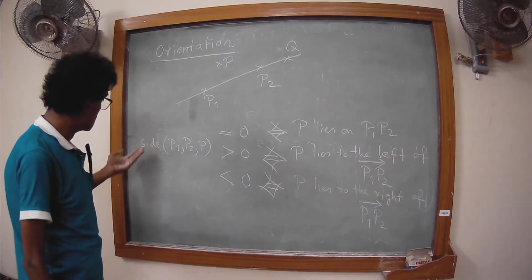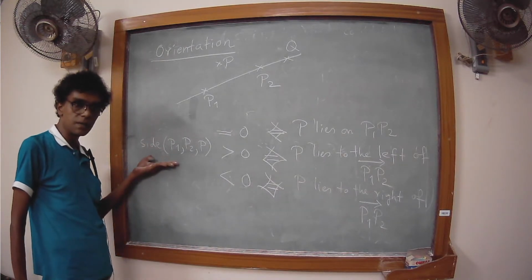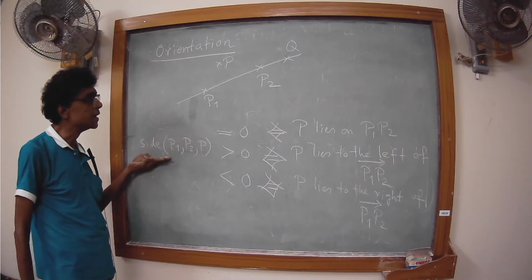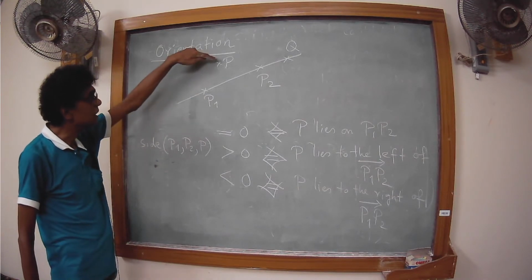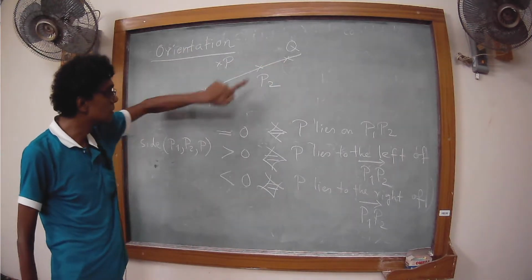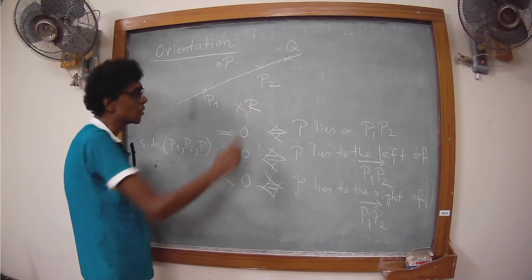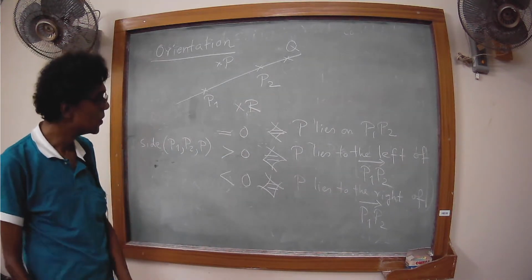So, this is just a 3 by 3 determinant. By calculating the determinant, you can easily identify whether it is the case like this or like this. Q was here, R was here. Which case it is.